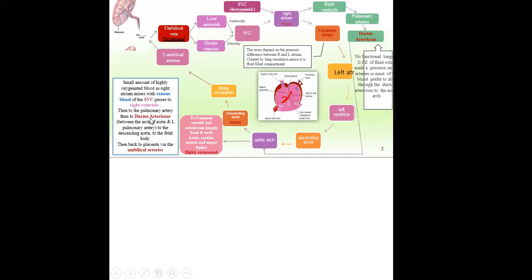The maximum blood brought by the pulmonary artery will bypass the pulmonary artery and go to the descending aorta, and then from there back to the umbilical artery.